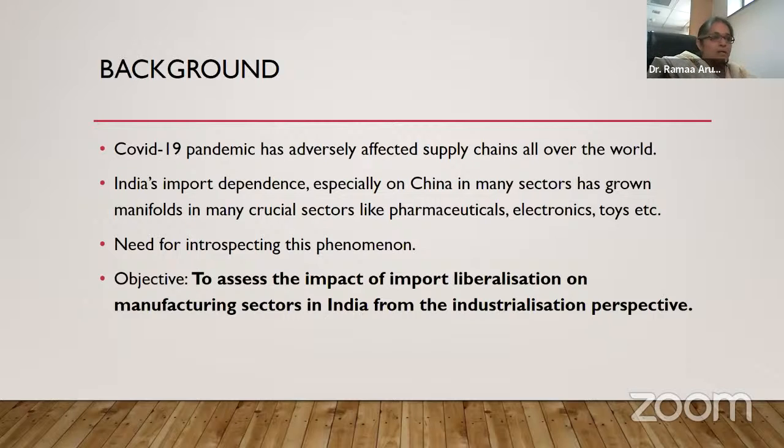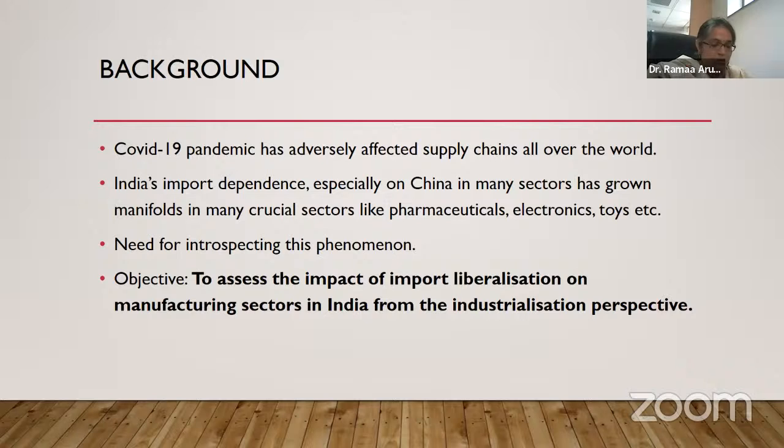So when we talk about the present scenario of the world being interlinked with a lot of supply chains, the recent pandemic had brought to the fore how these supply chains can get adversely affected, and they were affected all over the world and across various sectors, not just the crucial sectors like pharmaceuticals and other essential commodities, but even otherwise the overall supply chains were disrupted. And therefore, there is a need for introspecting this phenomenon.